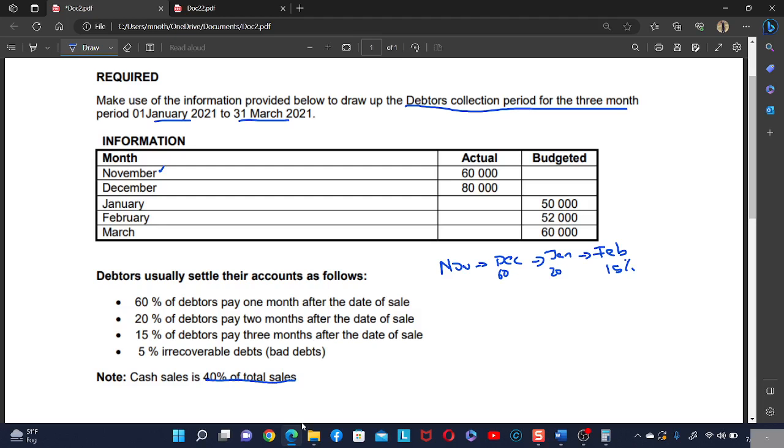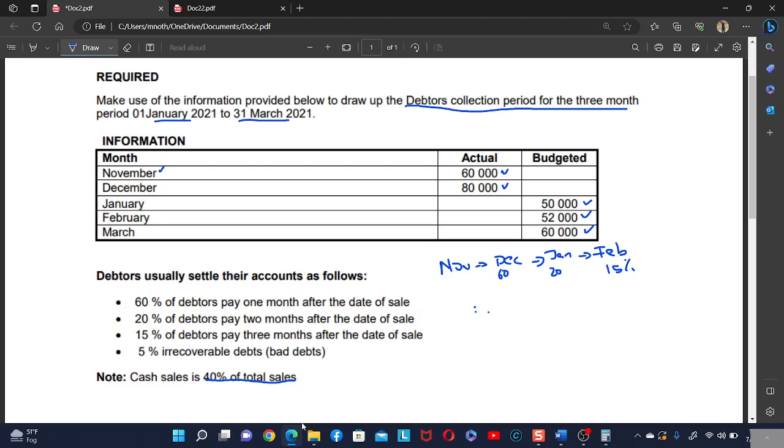These sales amounts include both the cash sales and the credit sales. So in a debtors collection, we use the credit sales.